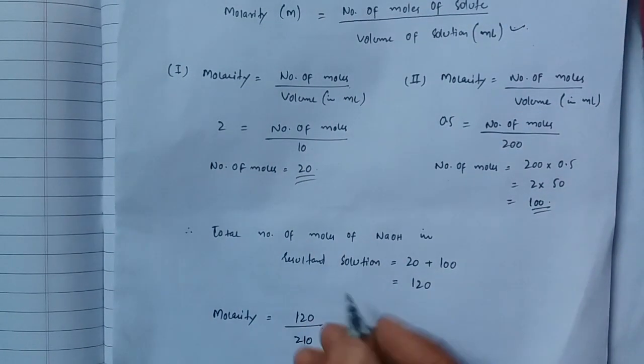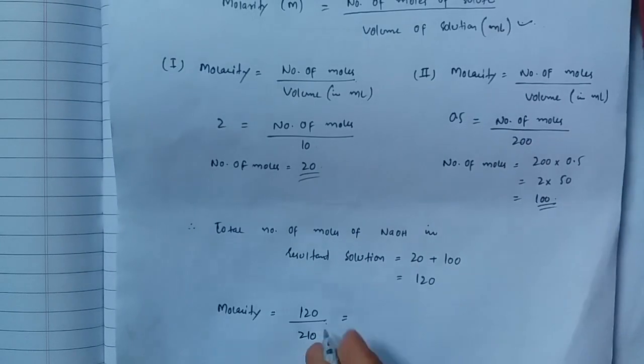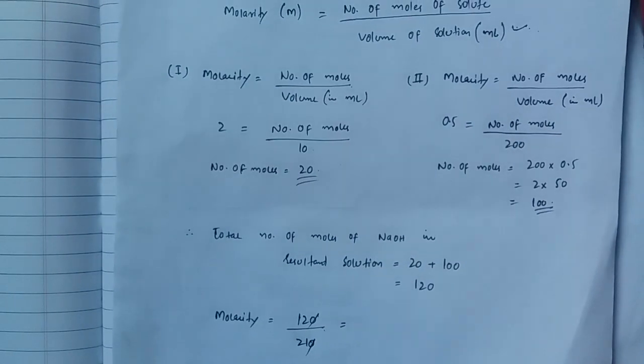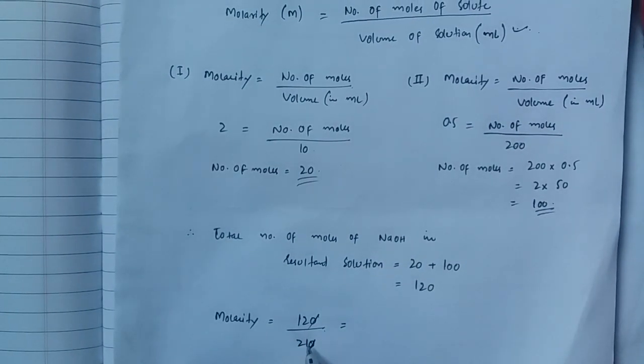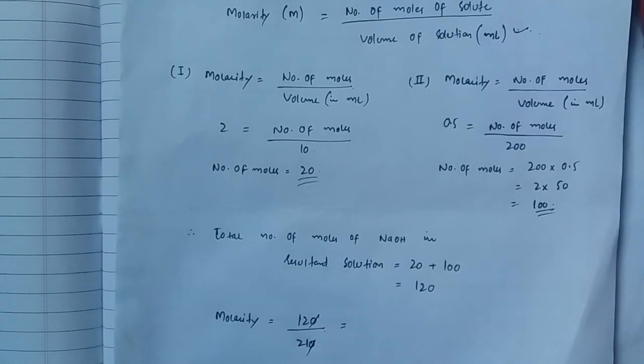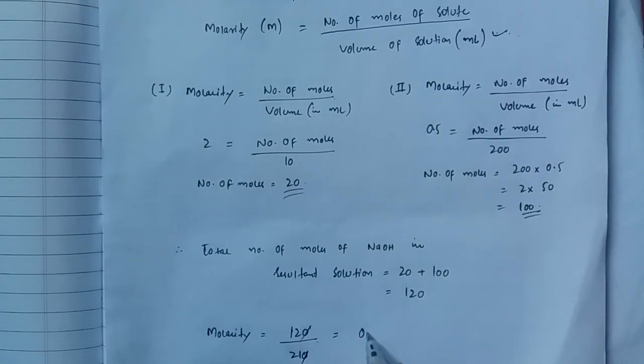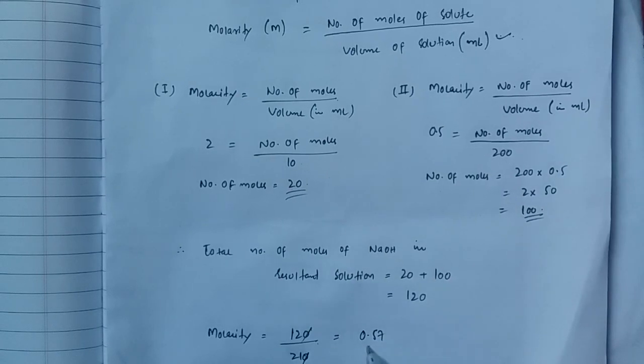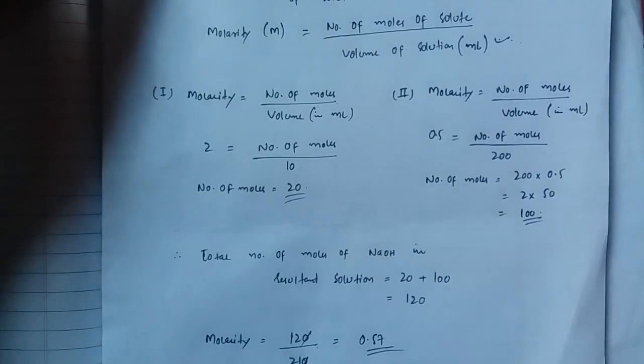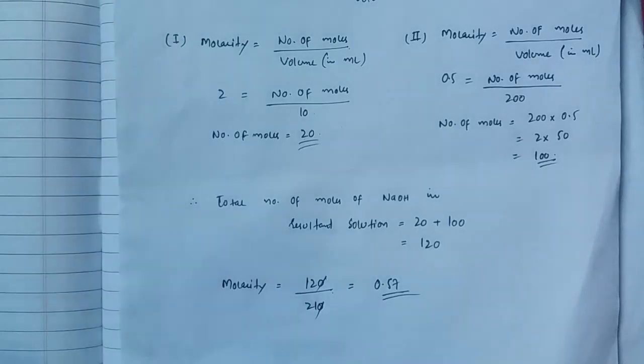So it will be equal to, 0 gets cancelled, 12 divided by 21. When you solve this, you will get 0.57. So this is the concentration of the resultant solution.